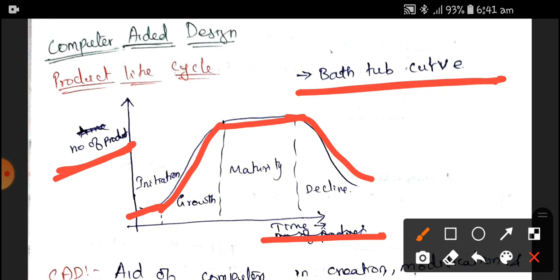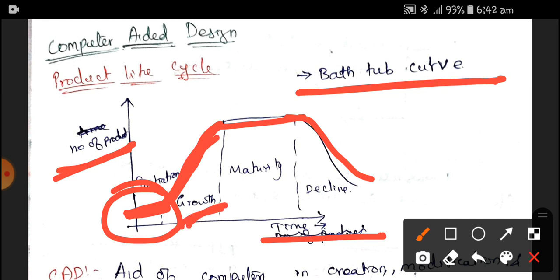We go with the survey and the model, and we are benchmarking several models, and those several models and the initiation of creating models are in the initiation stage. Once we have done all the benchmarking and initiation, the model can be drawn in the CAD model, and it can be in the growth stage.